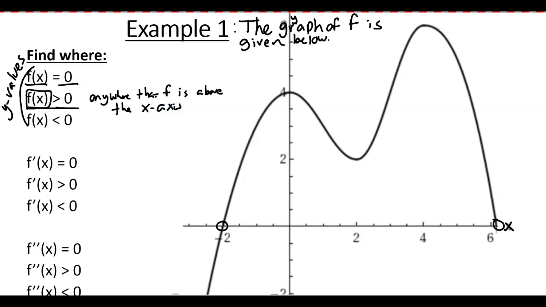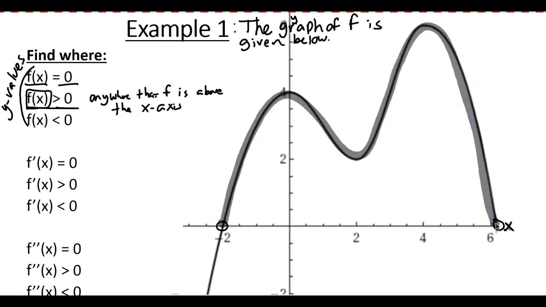Any point from here all the way to here has a y value that's greater than 0. Like, for instance, this point: at that point the y value is 4, and 4 is greater than 0. Or you could choose this point, where the y value is 2. That's greater than 0. But you wouldn't want to pick a point down here because down there you've got y values that are less than 0.